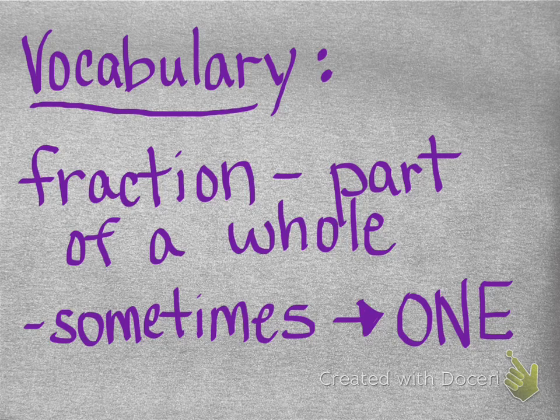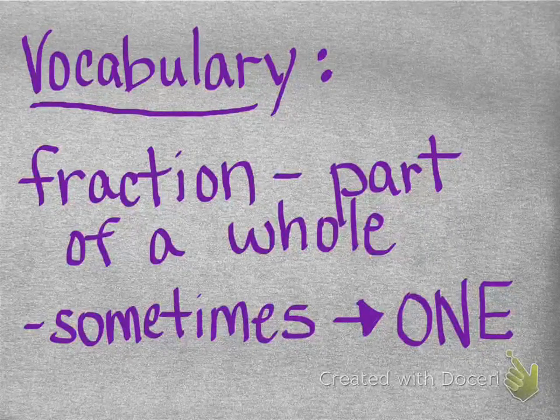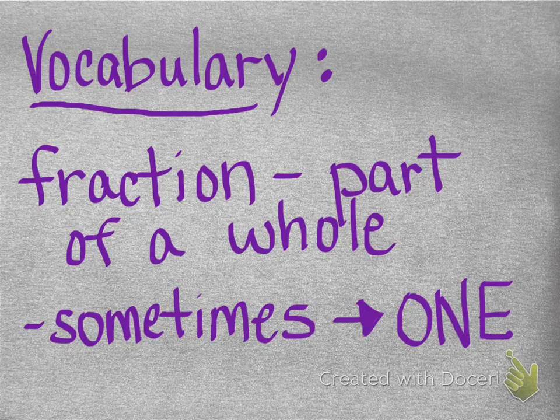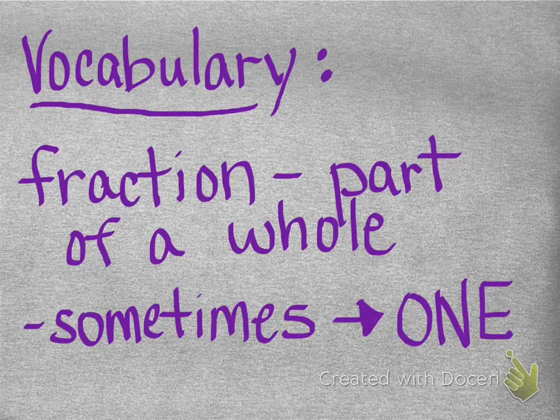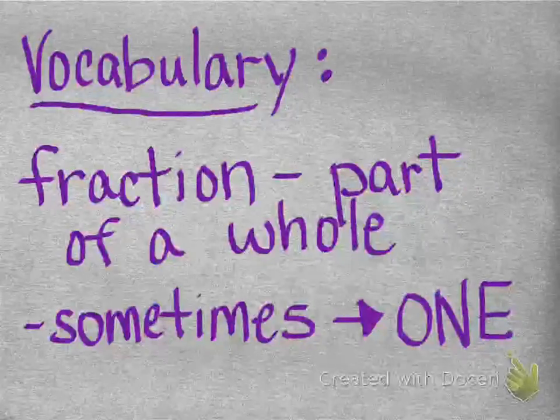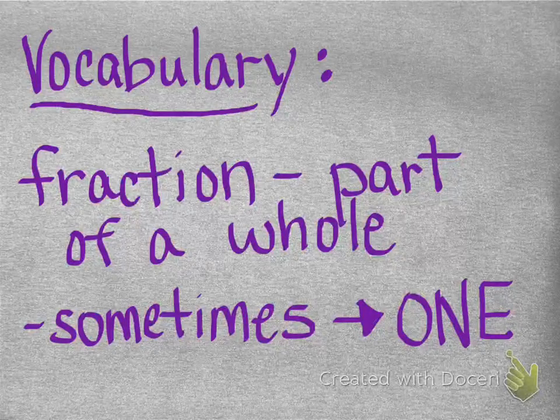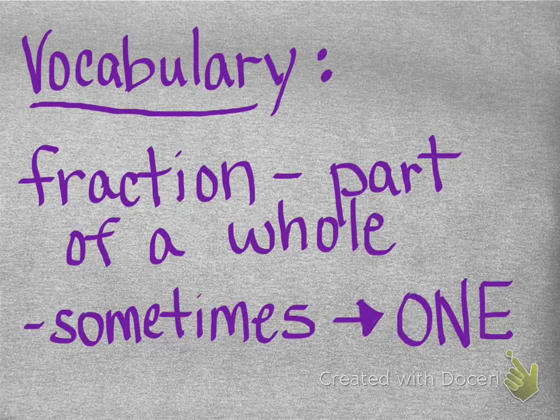For example, I could have 1/2 of an apple, which would be part of a whole apple. Or I could have 1/5 of a box of crayons, which means I only have part of that box of crayons. And the same goes for maybe I had 3/4 of a pie, which means I had almost a whole pie, but not quite.